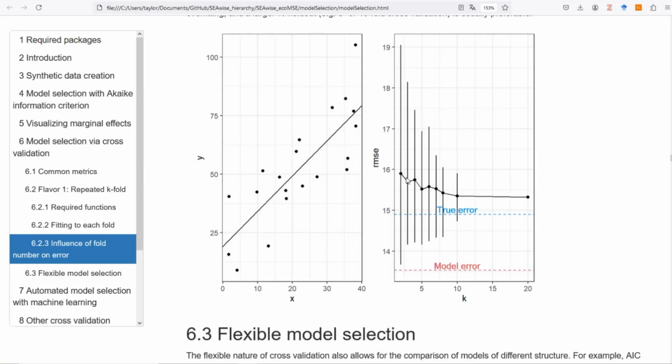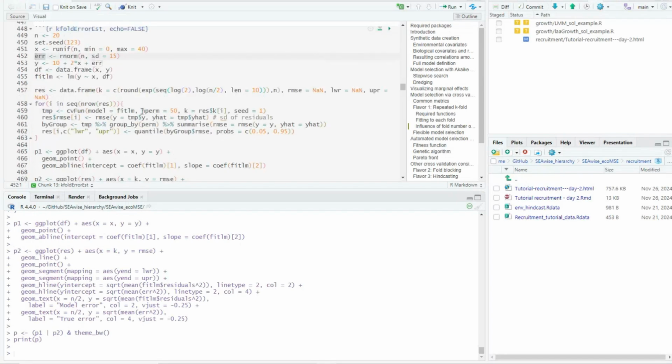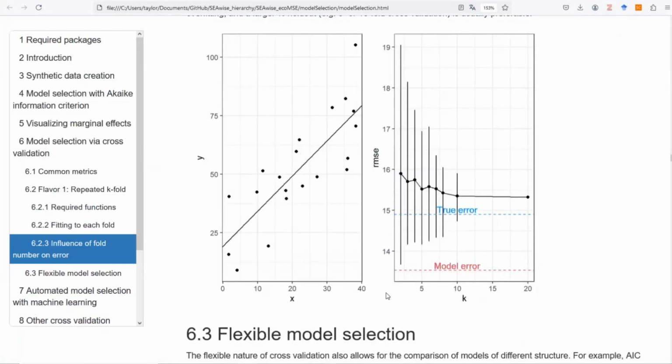And finally, we have the values that are coming out of the cross-validation. So inside of this range of values, I think there were 50 permutations. So I ran the cross-validation 50 times, and I only was varying the number of folds in each one. And so you can see that the bias in this error slowly approaches the true error of the data set.